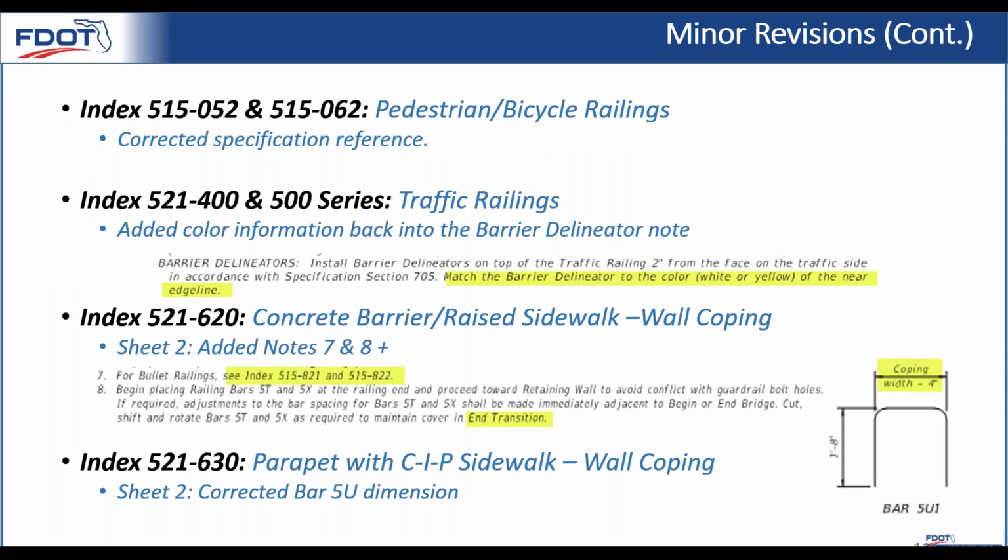Now, in the last update, we removed parts of the barrier delineator notes that were covered by the specifications and inadvertently lost part noting the color to use for these delineators. So those have been added back. Index 521-620. Note 7 was added to reference the bullet rail, and Note 8, which was copied from other indexes, about the end transition to make way for the bolting.